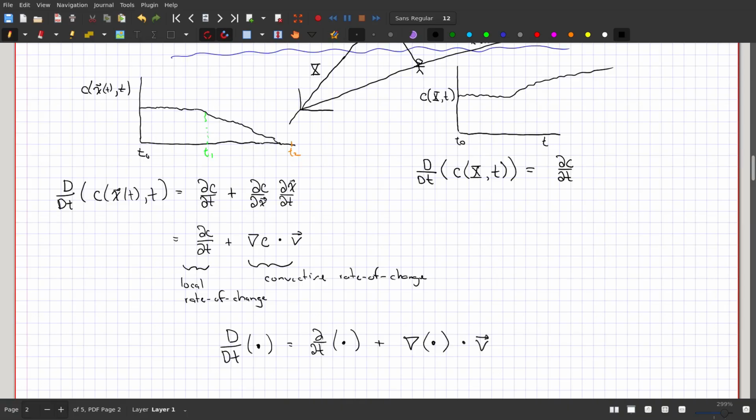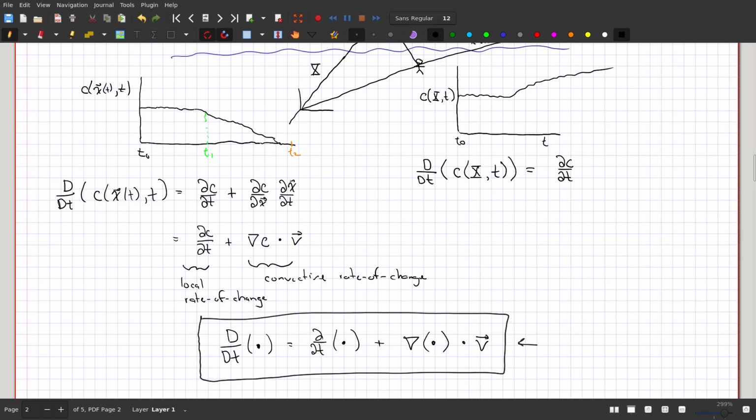So that is the rate of change that you would experience if you're moving with the flow V. And yeah, so this is the material time derivative.